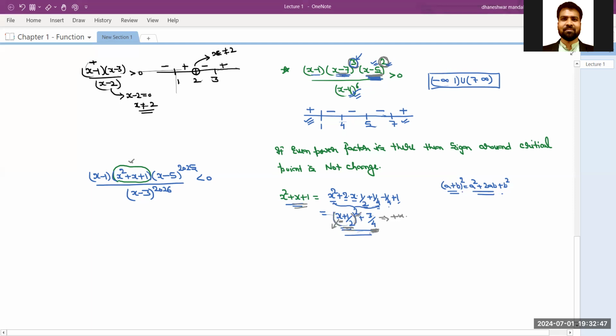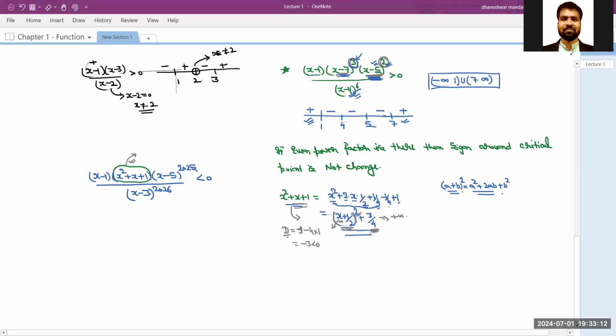Also, I cannot find the roots from here because this is a quadratic equation. If I calculate D, it is b square, which is 1 square, minus 4ac, so minus 3.